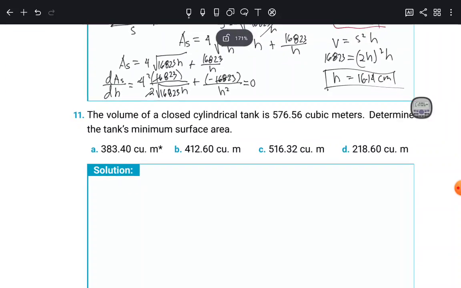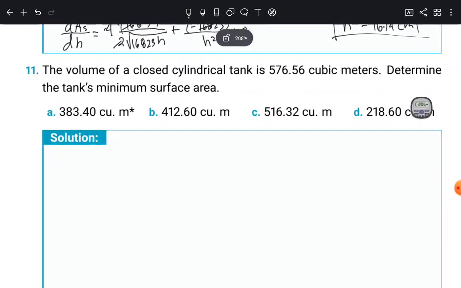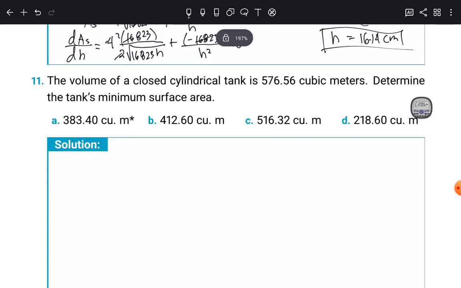So number 11, can I just zoom this one? Okay, the volume of a closed cylindrical tank is 576.56 cubic meters. Determine the tank's minimum surface area. So this is a closed cylindrical tank. So closed, it has no open sides.